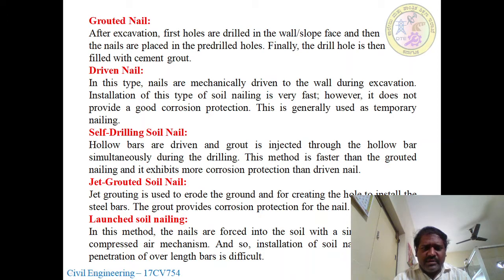Disturbance of the soil is avoided by pushing a single shot with a compressed air mechanism, so that it is pushed in one time and there is a hole inside the soil mass.